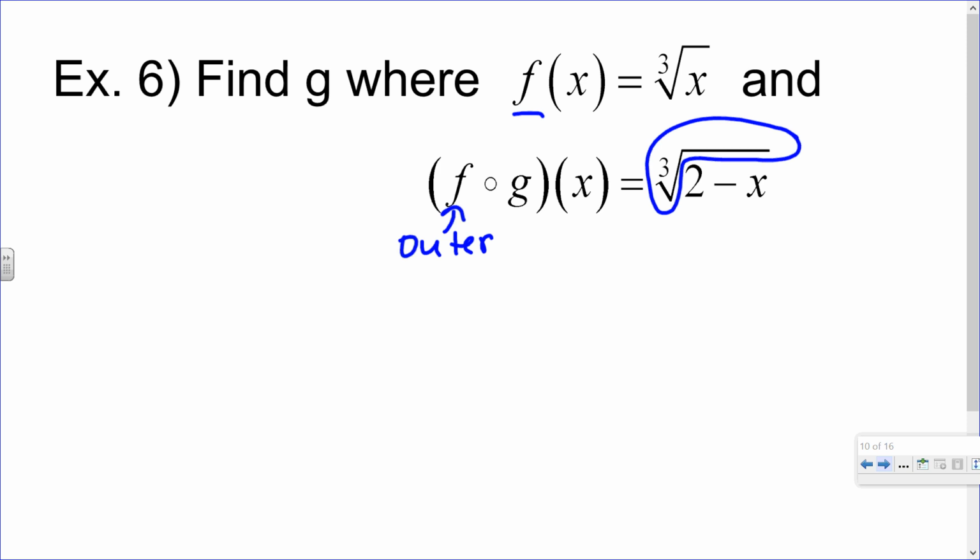What do we need to do before we take the cubed root? So what does the inner function g have to be? What have I not circled yet on this particular one? Catalina, what's not circled yet? The 2 minus x. So g of x would have to be 2 minus x. So we do this first, then the cubed root, and we have that.